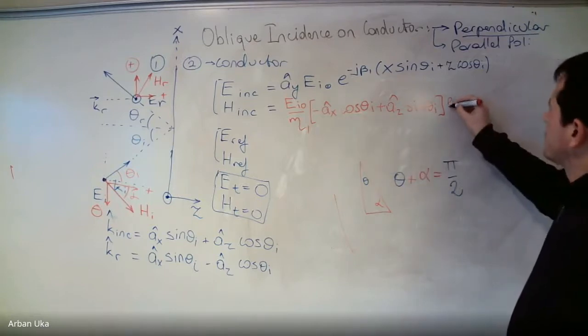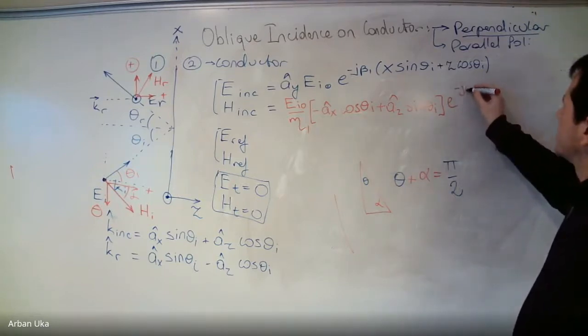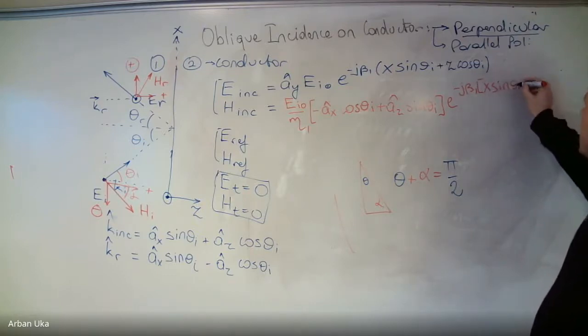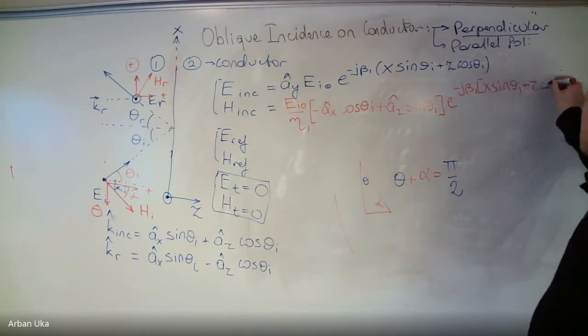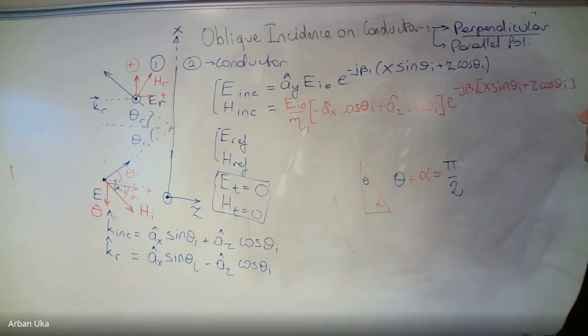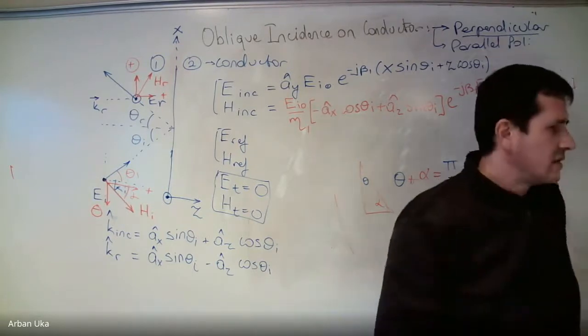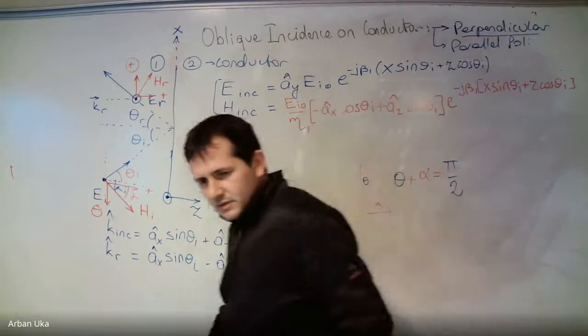We have to include also the propagation, which is e to the minus j beta 1 times x sine theta I plus z cosine theta I.